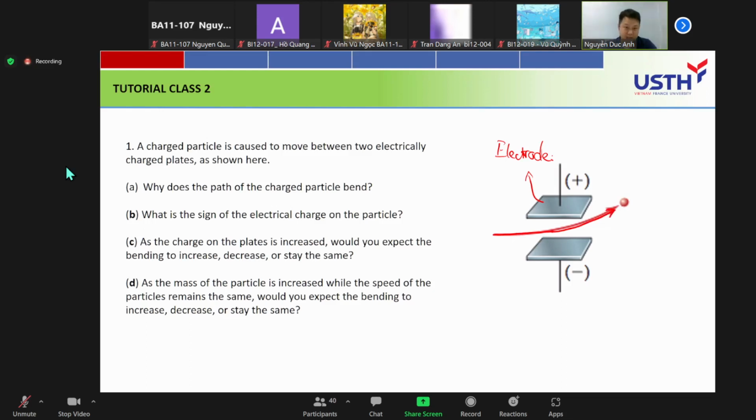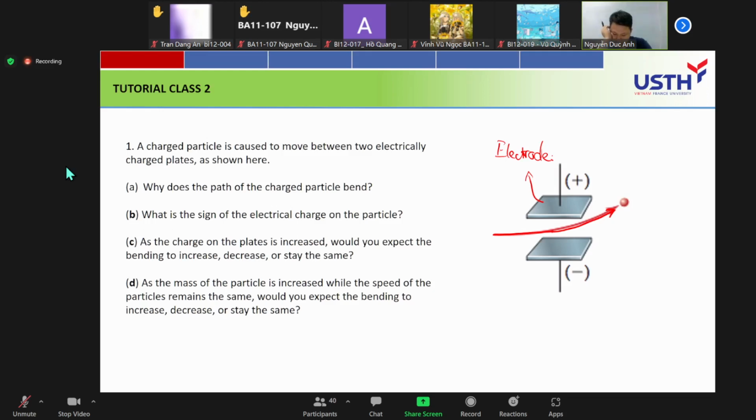So what is the reason? Can anyone help me answer why the movement of the charged particle here is bent? Guys, be patient.